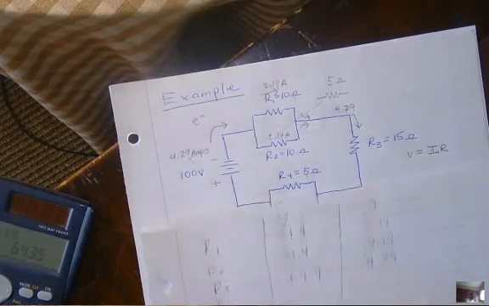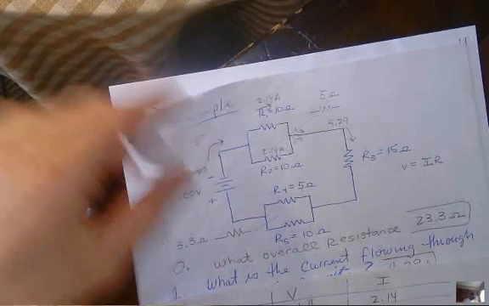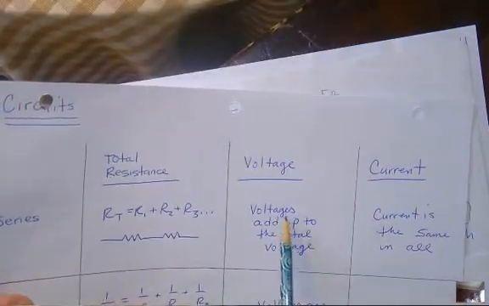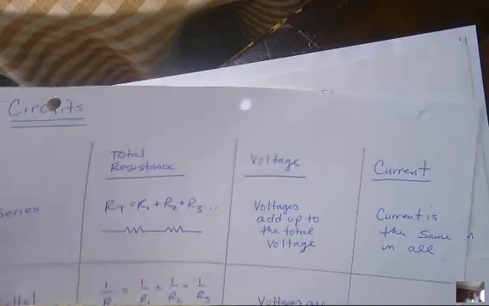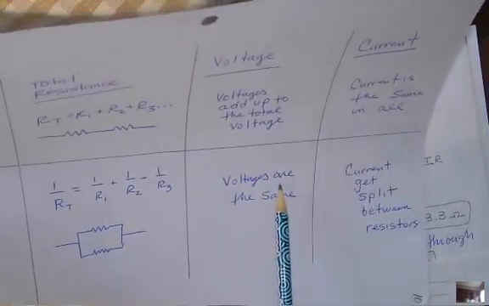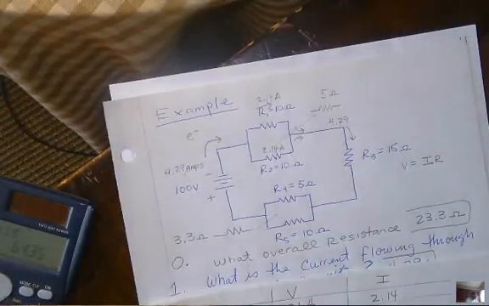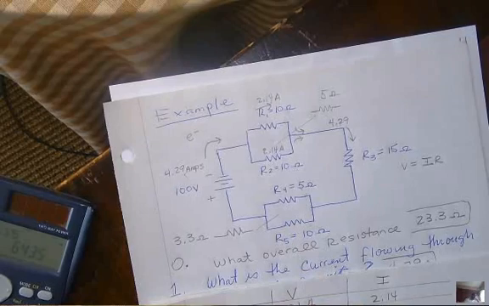So this one plus this one has got to be how much I drop either here or here. Remember, look at the cheat sheet. The voltage drop is going to be the same across resistors that are in parallel. But we can calculate either one, okay?